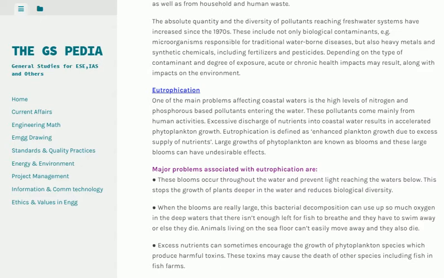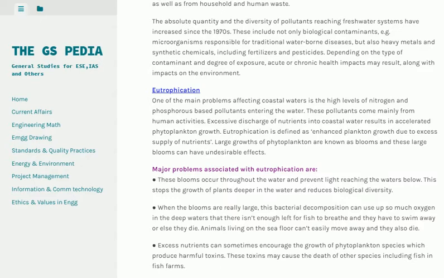Large growths of phytoplankton are known as blooms, and these large blooms can have undesirable effects. Major problems associated with eutrophication are: these blooms occur throughout the water and prevent light reaching the waters below. This stops the growth of plants deeper in the water and reduces biological diversity.